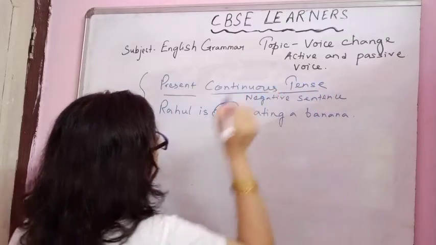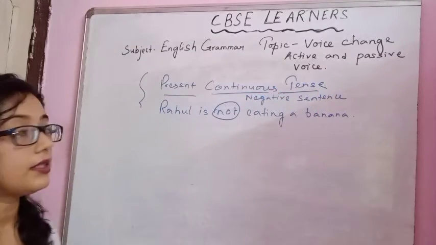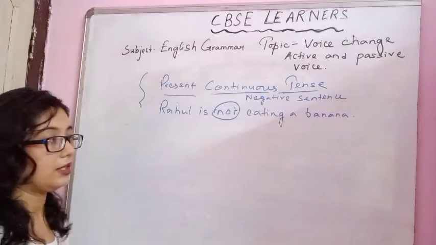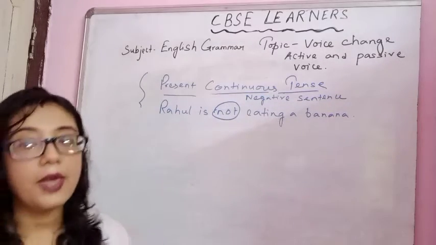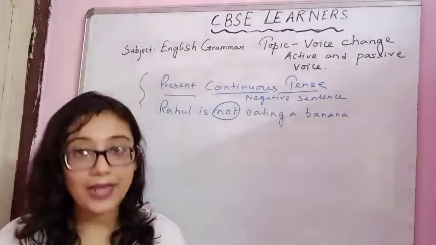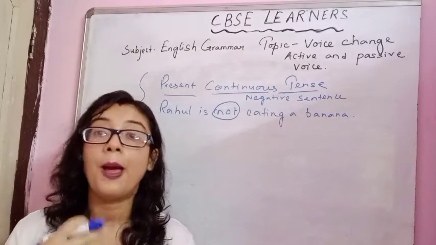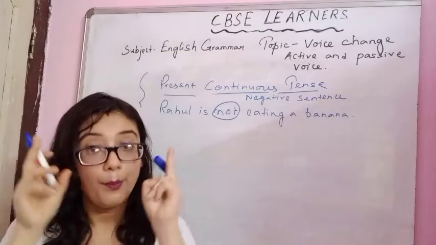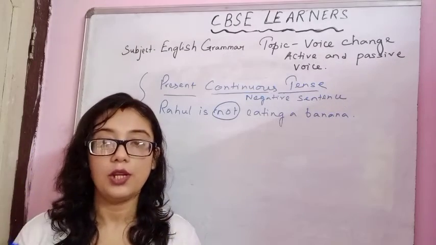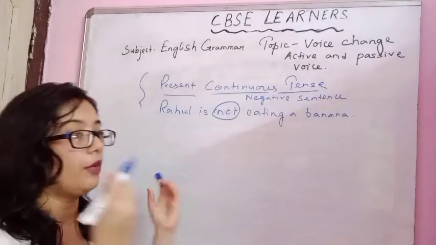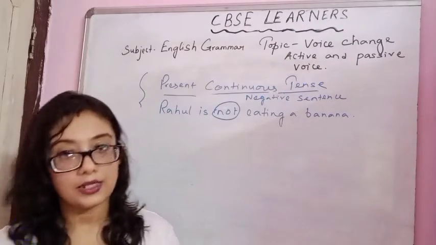Now how to convert a negative sentence from active to passive? Sometimes you are asked to change from passive to active, so you should remember both, not only one. For that sake, I am giving you the formula for active also.